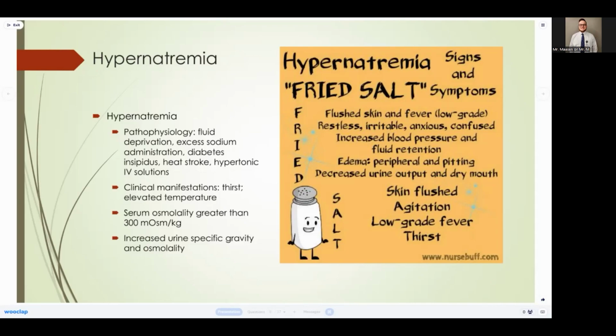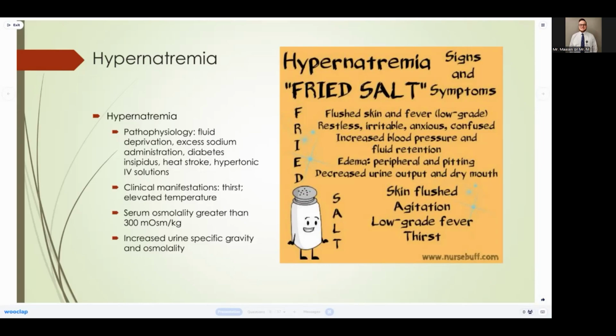FRIED SALT is a funny little acronym to remember it. Flushed skin, fever, low grade, restless, irritable, anxious, maybe confused, but not stupor or coma like with hyponatremia, more restless confusion and a heightened sense of awareness with hypernatremia, more excitable nervous system impulses.